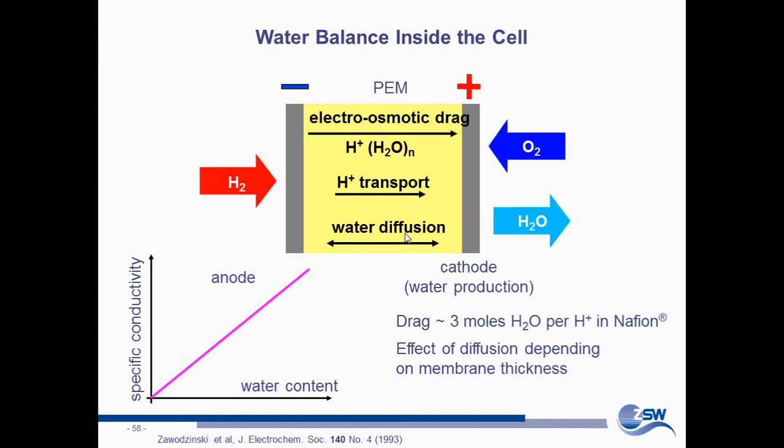Now, if you're talking real thick membranes, the hydrogen side will be mainly dry, and so it will help to humidify the hydrogen. If you're running real thin membranes, you need to make sure that not too much water is leaving the cell at the hydrogen side. Otherwise, you might get into trouble removing the water from the hydrogen side.